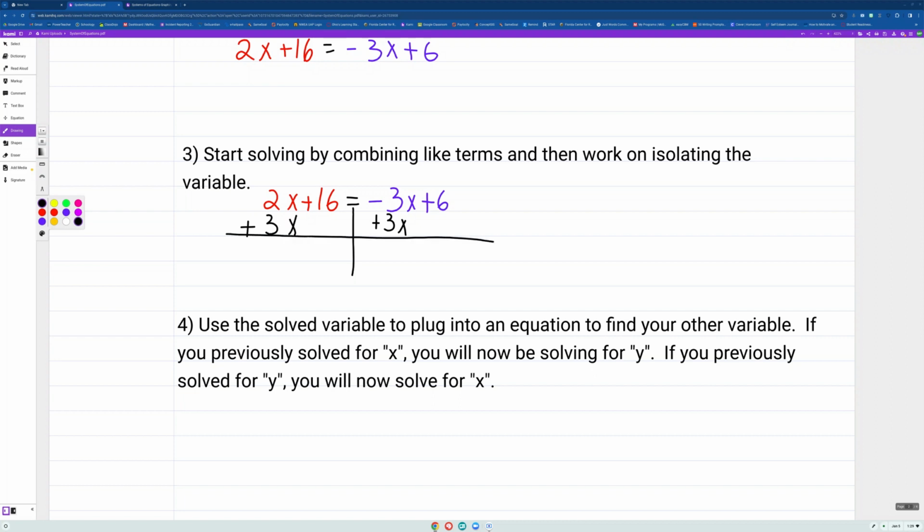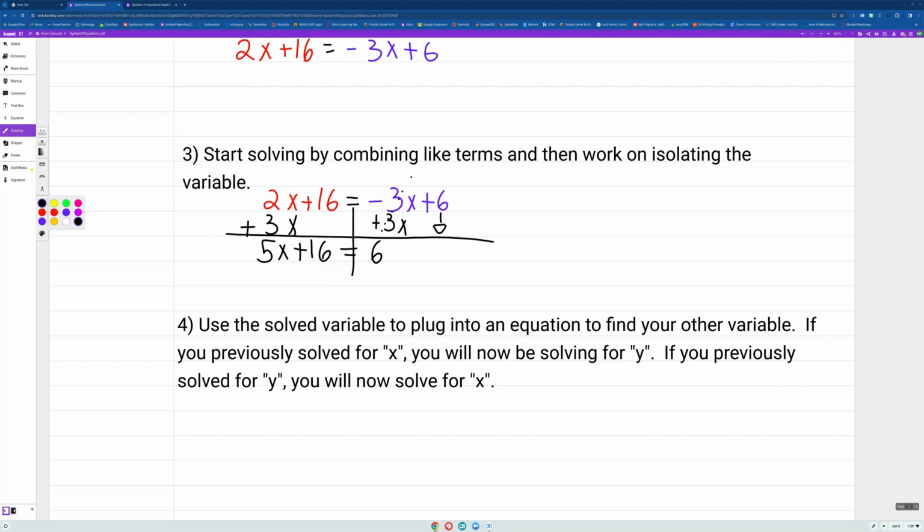So now what this gets me is 5x plus 16 is equal to my negative 3x and positive 3x cancel out, but I do need to bring down my positive 6. So now I have 5x plus 16 is equal to 6. Now I just need to make sure that I get my x by itself.